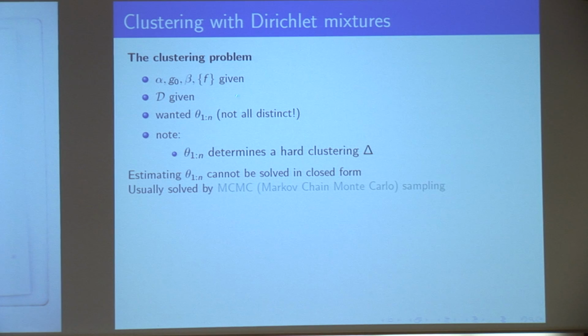Of course, this is a way of writing concisely on a slide. In practice, when I implement this model, I'm not going to keep a set of parameters for each point. I'm going to keep a cluster label. But it's convenient to just keep a theta for each point, at least conceptually, which is a distinct cluster label.